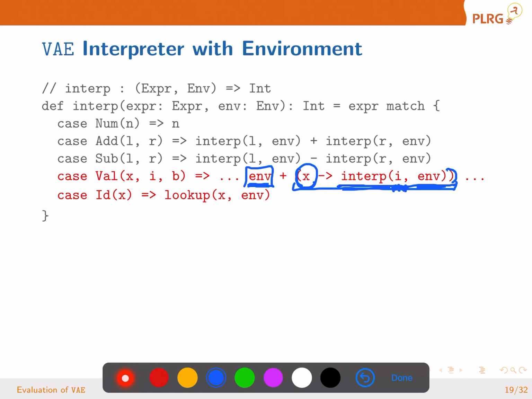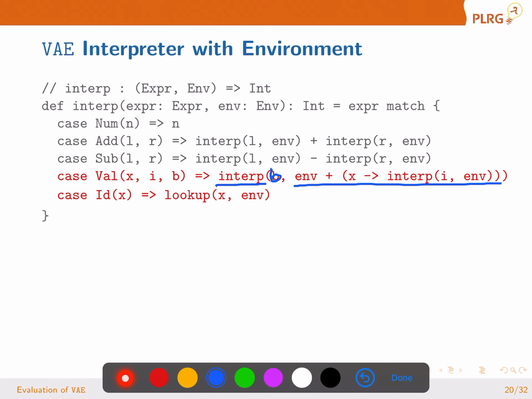That's how we know all the information already given to us and the value of this new name x. Using this environment, what are we going to do again? We are going to interpret b. We are going to interpret the second sub-expression b under this extended environment. Is it clear? This is very important. These are the two lines that implement two new language constructs for VAE, right? Are you with me now?